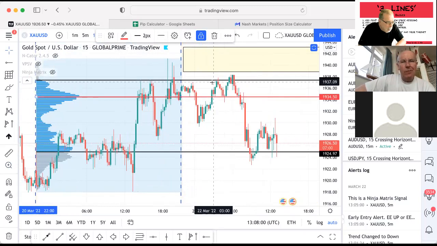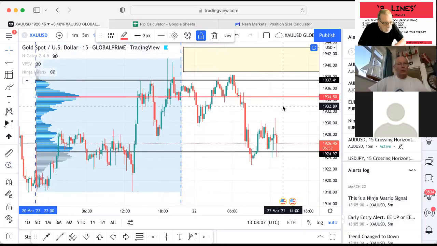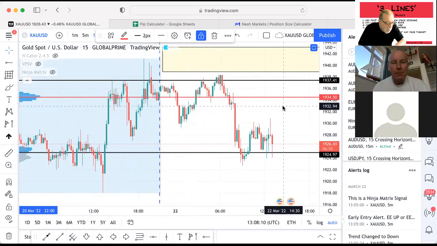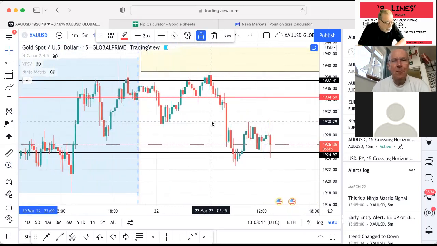The area between the two black lines is what we call our field of play, and the red line is yesterday's point of control, which is today's target. I mean, that's adequate if you just want to use the three-line strategy.